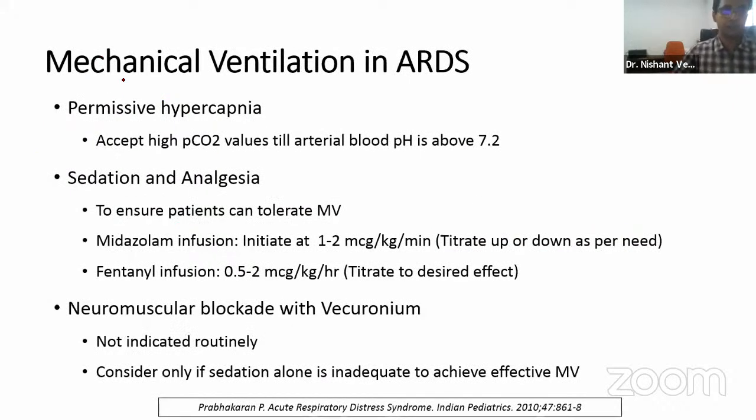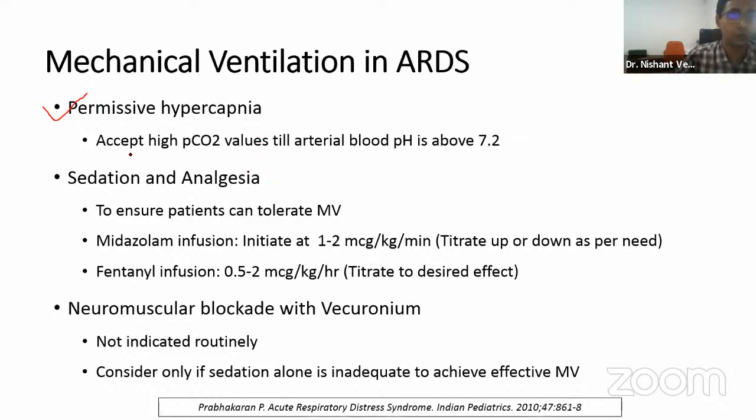Now, few concepts of mechanical ventilation in ARDS. First is permissive hypercapnia. So once you are ventilating a child with ARDS, you have to be gentle in your ventilation. You cannot keep on increasing settings to achieve ideal blood gas. You have to reach something which is called acceptable blood gas.